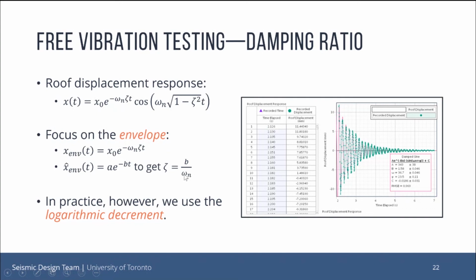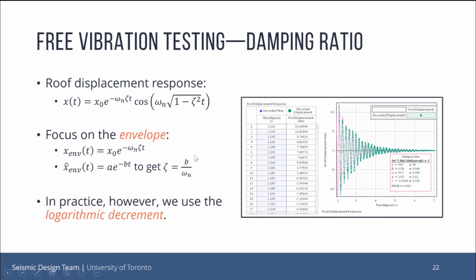Specifically, it's the undamped natural frequency, which is the natural frequency of the structure if we assume that there's no damping whatsoever. If we were able to actually measure this, we would be able to figure out a rough estimate for the damping ratio.